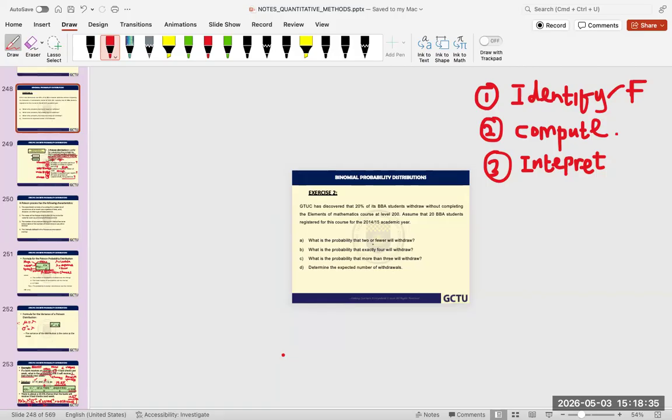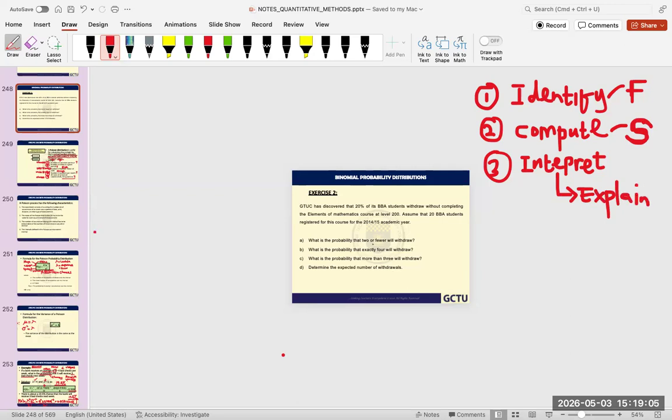Once you get the formula, compute means that come and substitute all the values you have seen in the question into the formula and then work it out. Once you work it out, you get an answer. And then what you do, come and explain your answer. That's the meaning of the interpretation. You explain your answer.